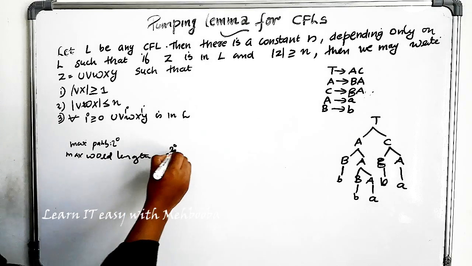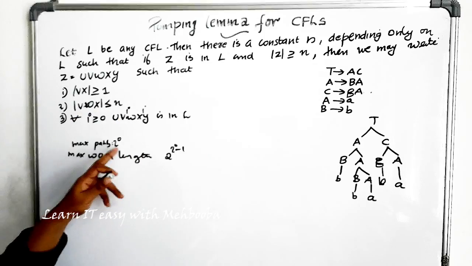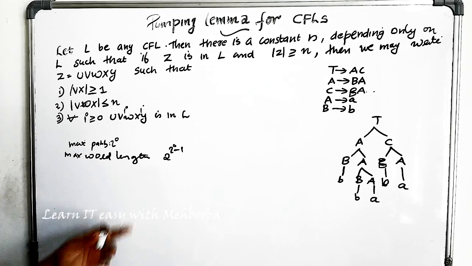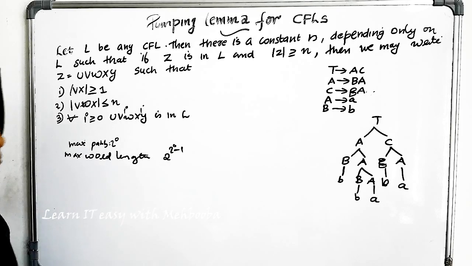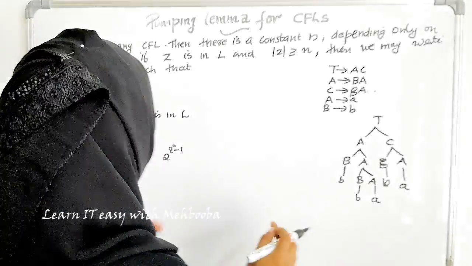So this is what we need to prove to come to this particular point. That is, if the maximum path length is i, the maximum word length that can be derived from the tree is 2 raised to i minus 1. So let's just check with this tree before we move into the proof.